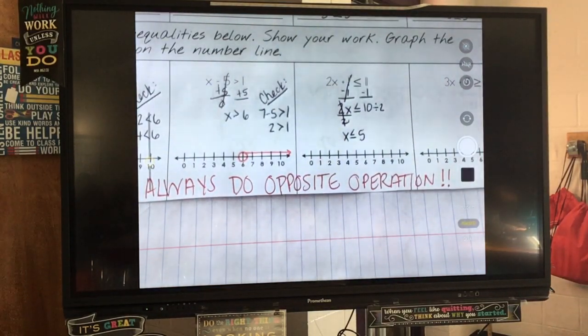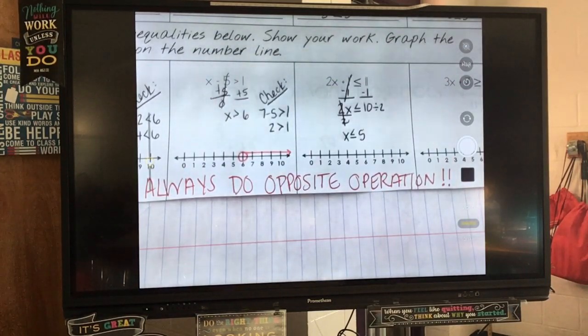So do you see how it's a two-step problem? You can't just do one operation, you have to do 2 operations. All right, and then from here, x is less than or equal to 5. So if I plugged 5 back into this problem, would it make my statement true? So I'm gonna do this on the board real quick.